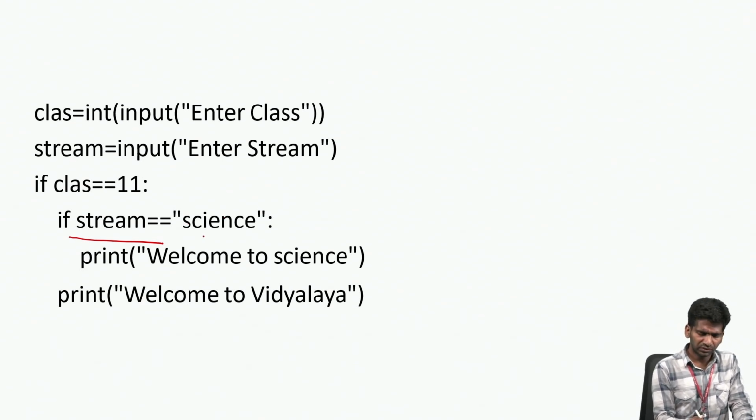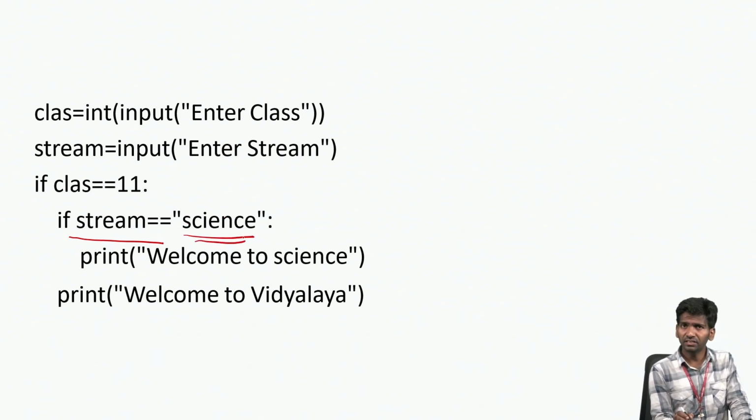Science stream, general science stream, comes in 11th standard or 12th standard. So first we need to check whether the student is in 11th standard, 12th standard or below. Only if he is in 11th standard do we come to another condition. So here one statement is depending on the other statement.